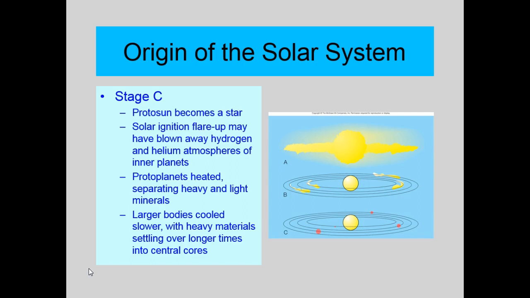The larger bodies cooled more slowly, with the heavy material settling over longer times into the central cores. That's probably what happened with Jupiter, Saturn, Uranus, and Neptune. They are larger, so they cooled more slowly, but they're further from the sun, so in that sense, the cooling may have happened a little bit.